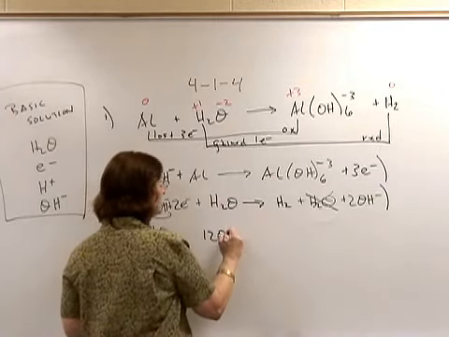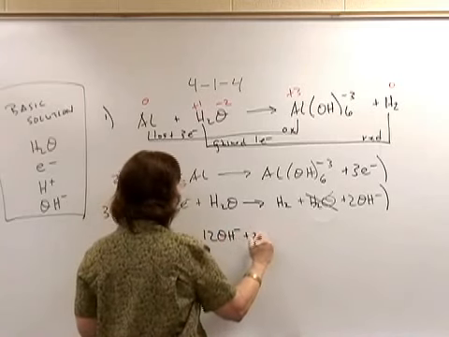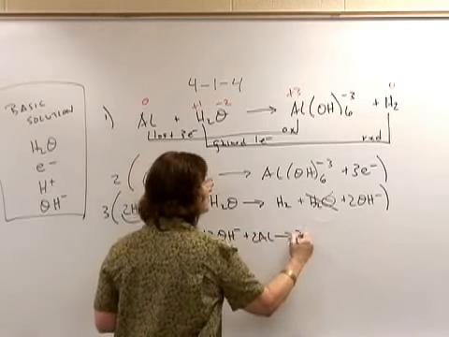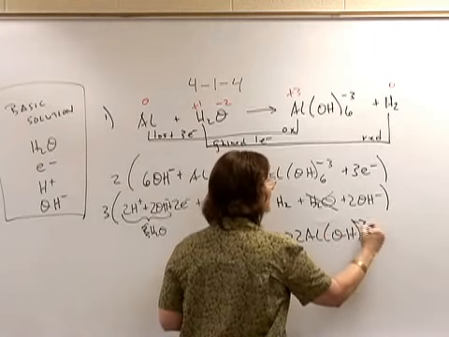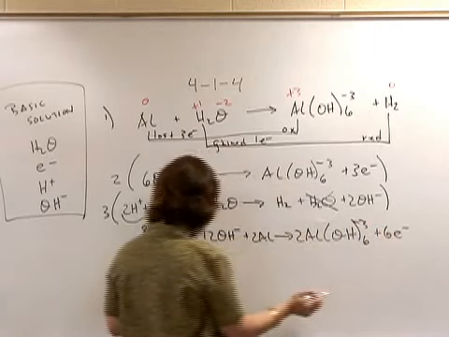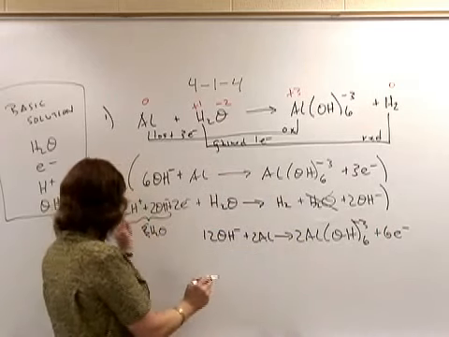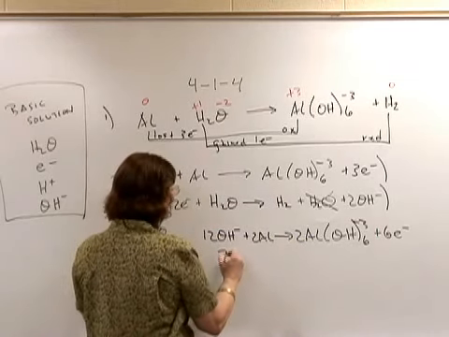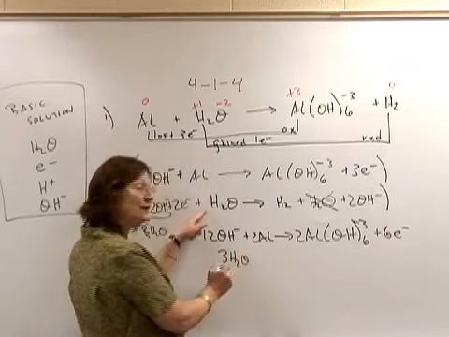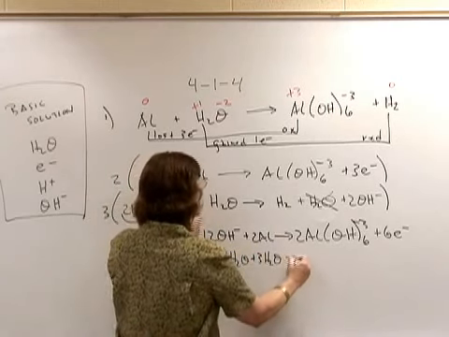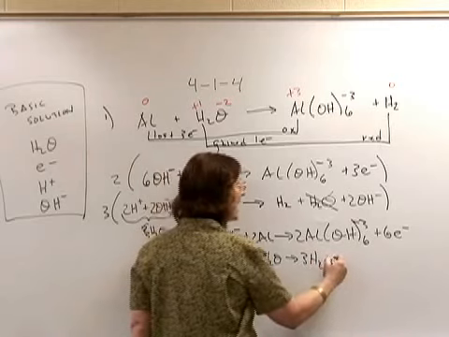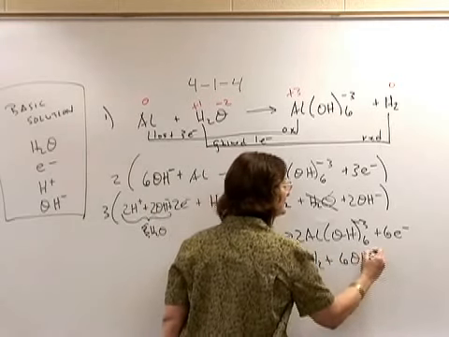I have 12 hydroxide ions and 2 aluminums and 2 of these aluminum ions and 6 electrons. In the second case, I'm multiplying by 3. And I have 3 waters and 3 waters. And I get 3 hydrogens and 6 hydroxides.